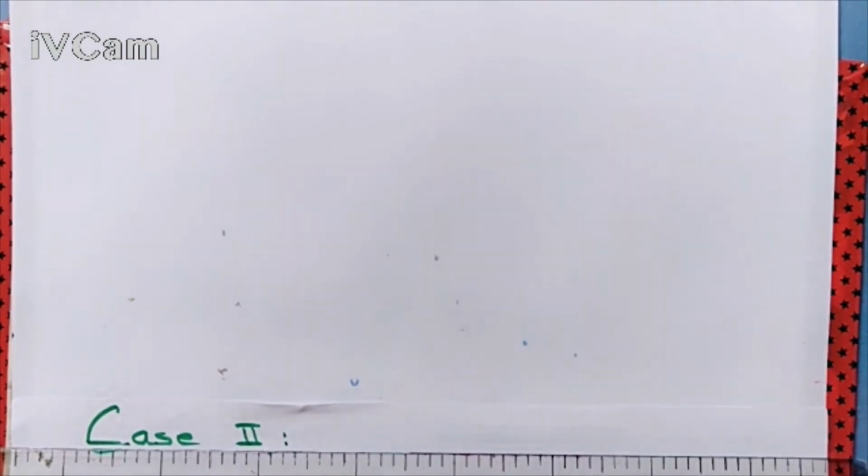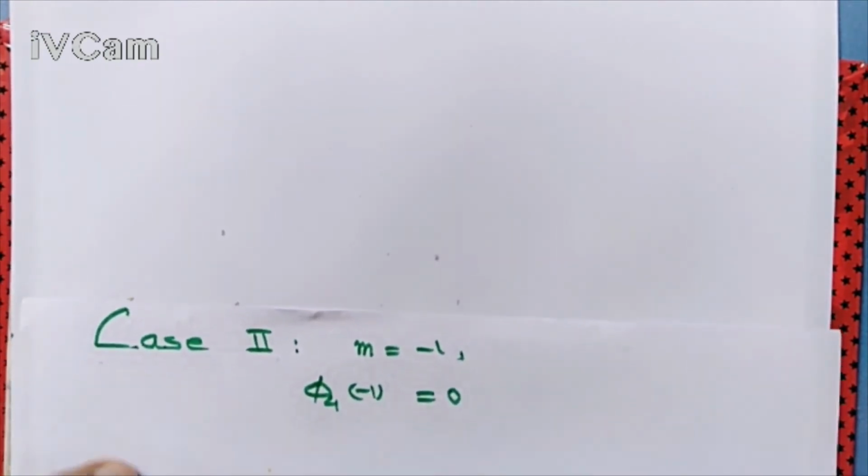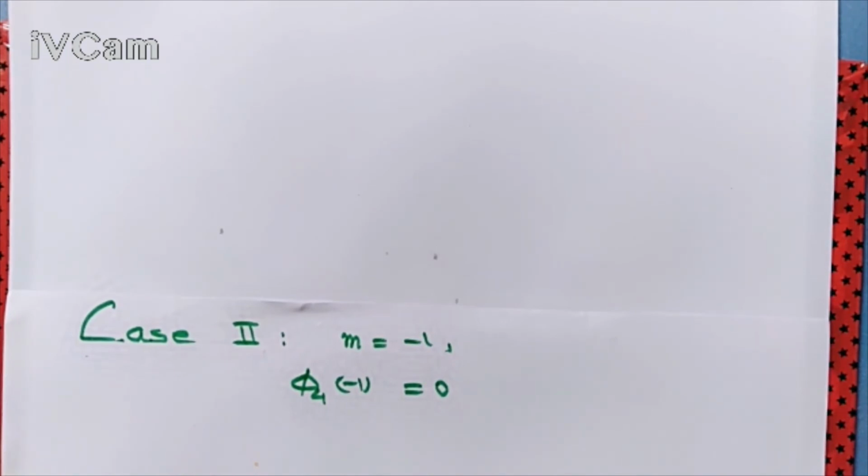Case 2, m equal to minus 1. Here also phi 4 of minus 1 equal to 0.